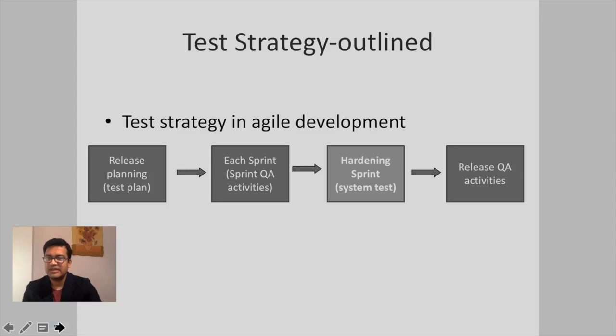Let's move on to the next slide, which talks about the test strategy outline. What is test strategy? Test strategy is a document, or something which helps the testing team figure out in which direction they want to go, what their approach should be, what they want to do and achieve, and what methods should be used.